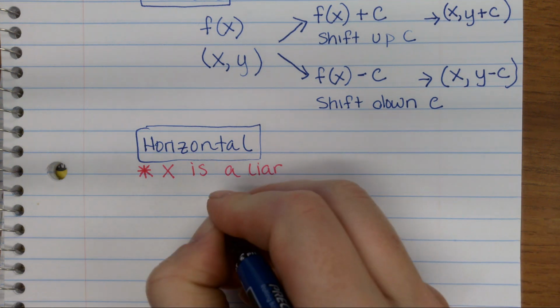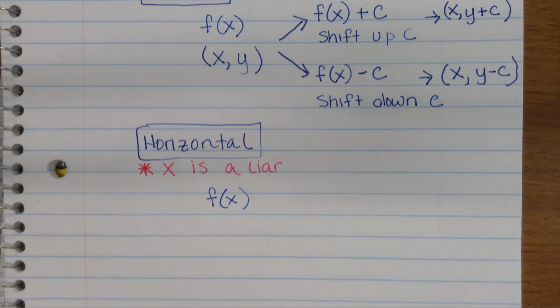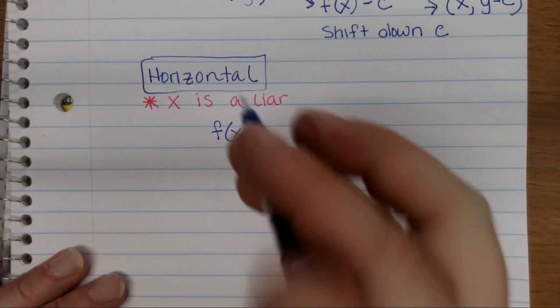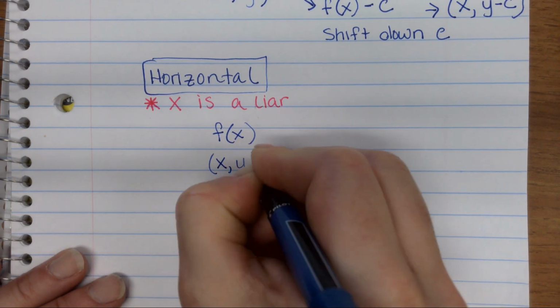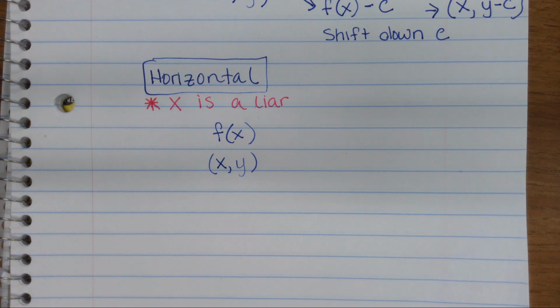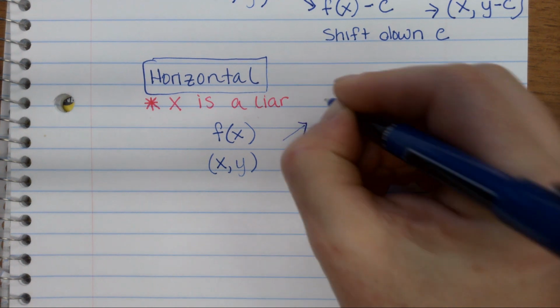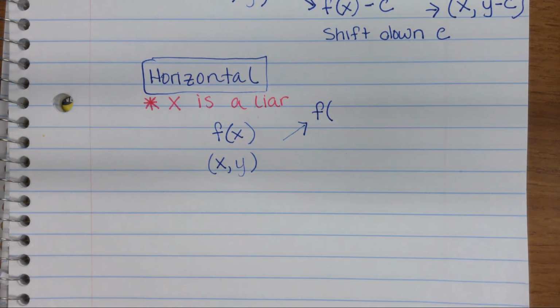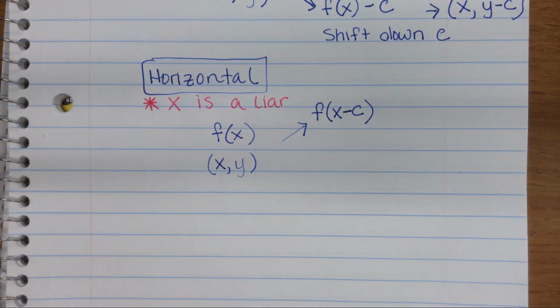So we start with our f of x, just like we did on the last one. And we have our f of x with the ordered pair x, y. And two things could happen. Inside the function now, put it in the parentheses, you could have something subtracted from x. So f of x minus c.